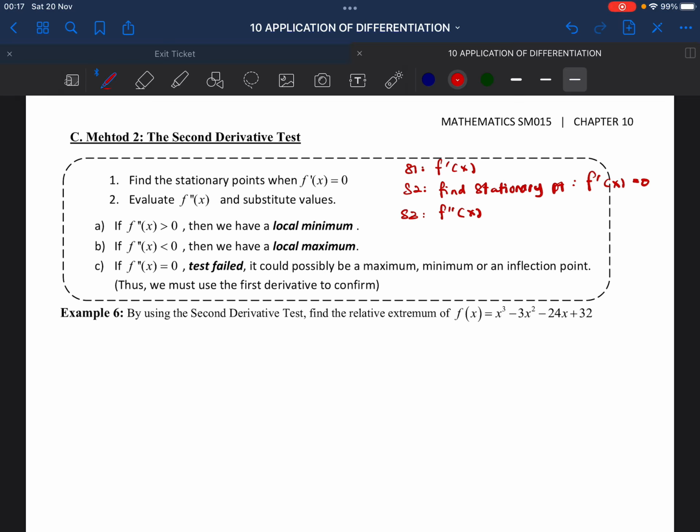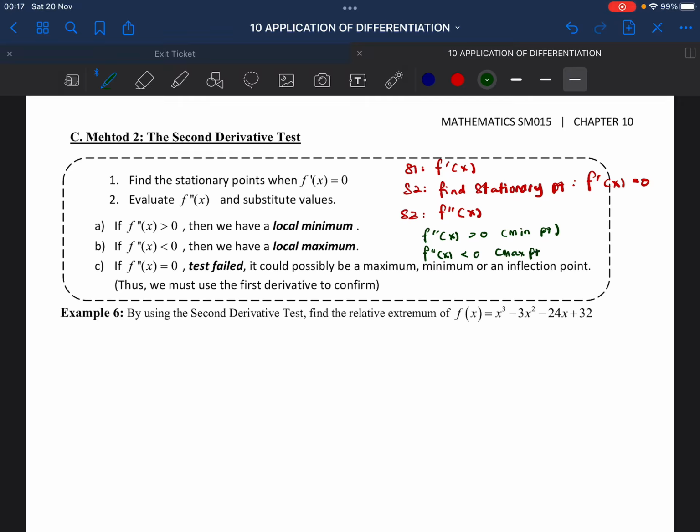Okay, so for the second derivative here, we have three cases. The first one, if our second derivative is greater than 0, therefore that will be our minimum point. If our second derivative is less than 0, that will be our maximum point.